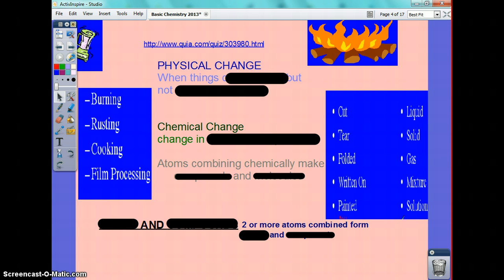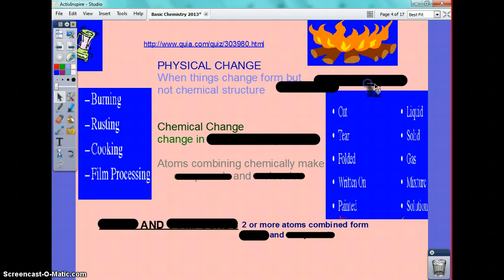There's a lot of changes when you deal with elements and atoms, but sometimes the change doesn't involve a change in composition or chemical makeup, and that's called physical change. Who could tell me which of those blue diagrams represent words that describe physical changes?